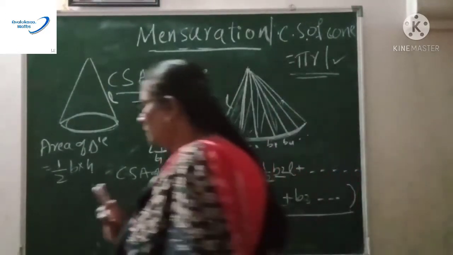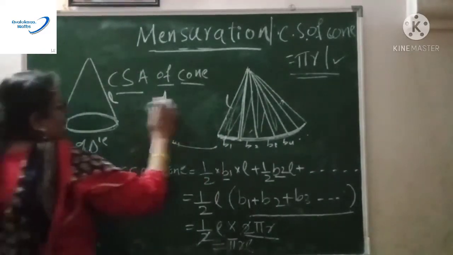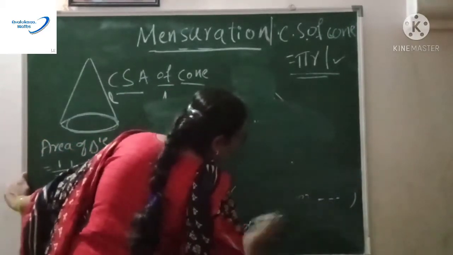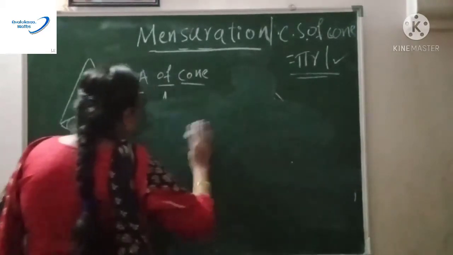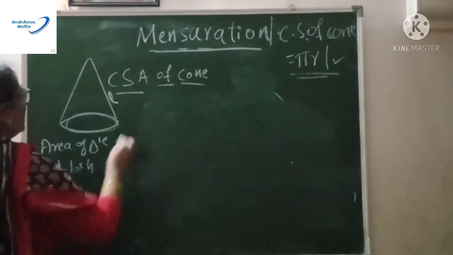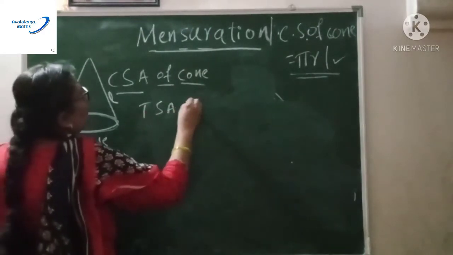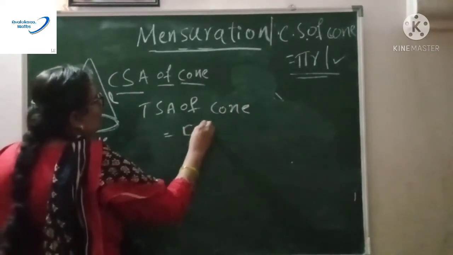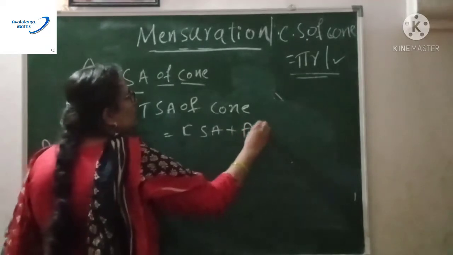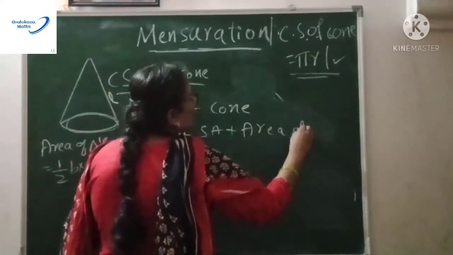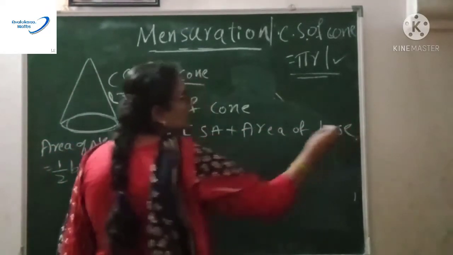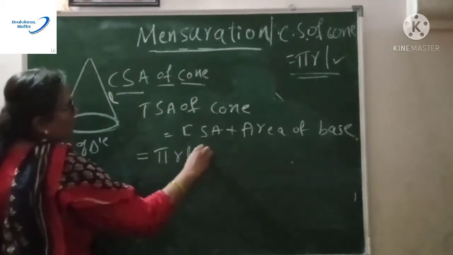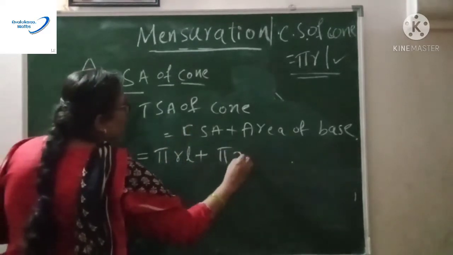Let me continue with the total surface area of this cone. This was the curved surface area. Now, very simple, the total surface area of the cone is the curved surface area plus the area of the base. The base is circular. So the curved surface area is pi r L plus the area of the base, pi r square.